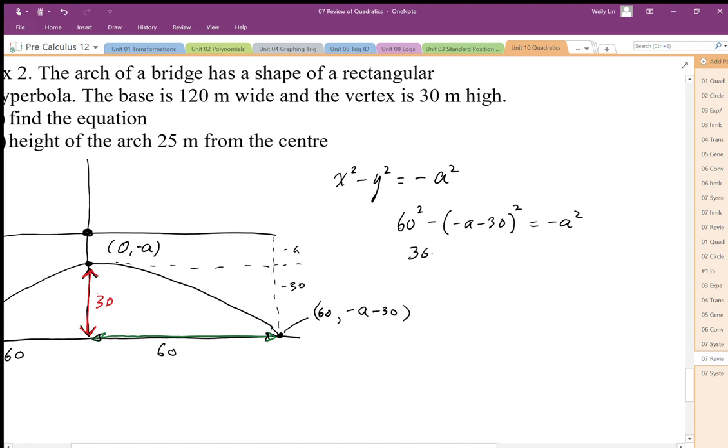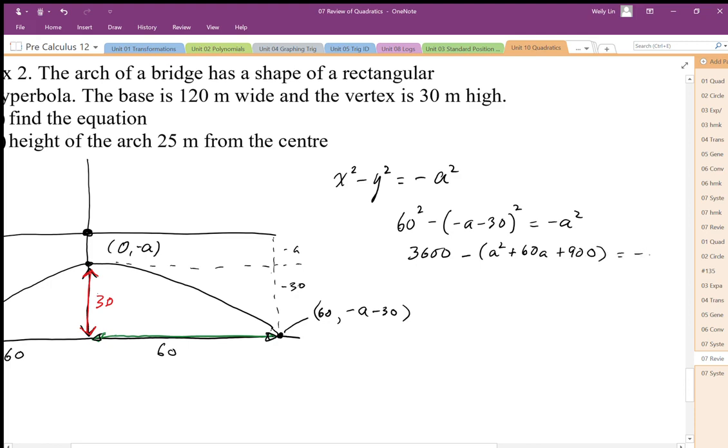I get 3600 minus a squared minus, so it's going to be negative times negative, so it's going to be plus 60a. Negative times negative is going to give me plus 900.